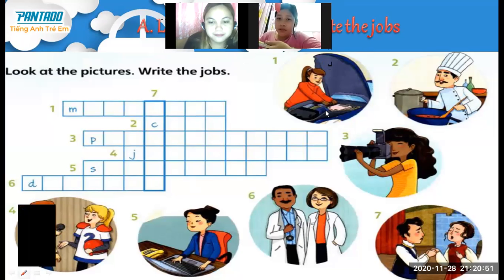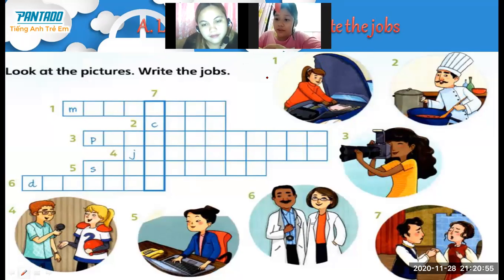The job of the woman. So she fixes a machine. What do you call her? Starts with letter M. What do you call that one?